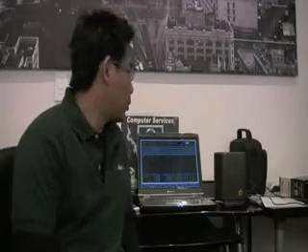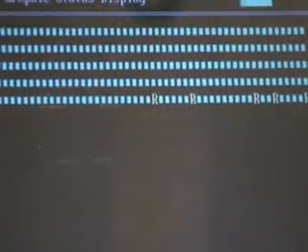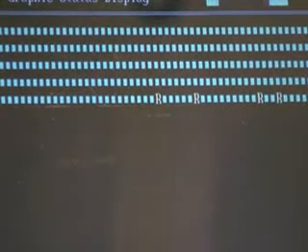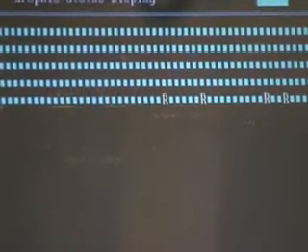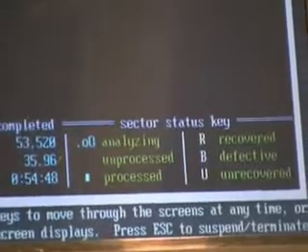So what you need to do is run something like I'm running here. This program is called SpinWrite, and what it does is it detects which sectors are bad, and it tries to recover them by making sure that things are on or off, not anywhere in between. You'll see that it's scanned through, and some of them have an R next to it, which stands for recovered.